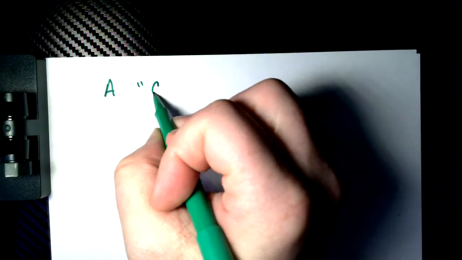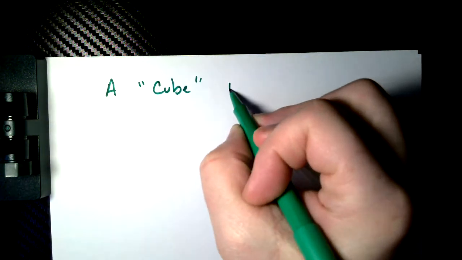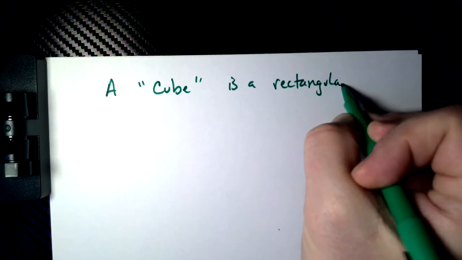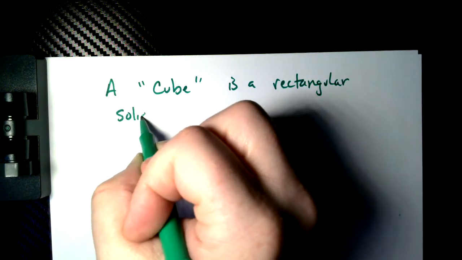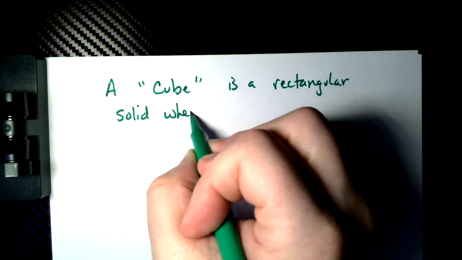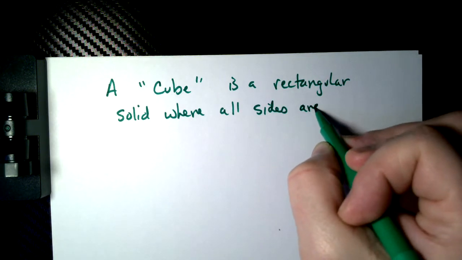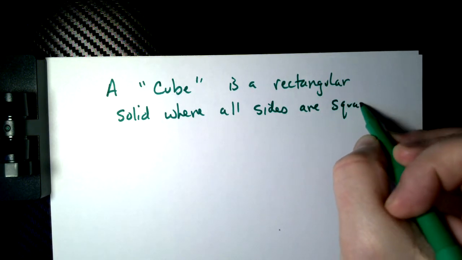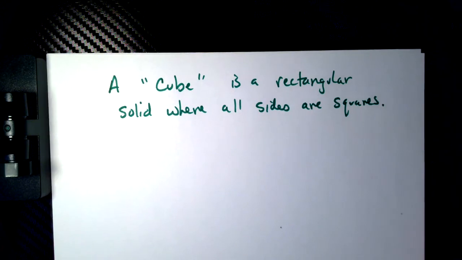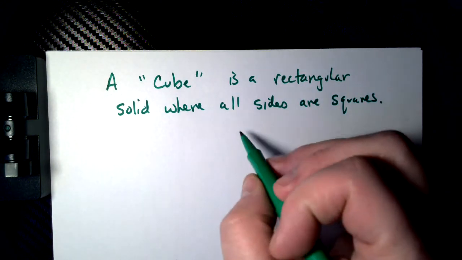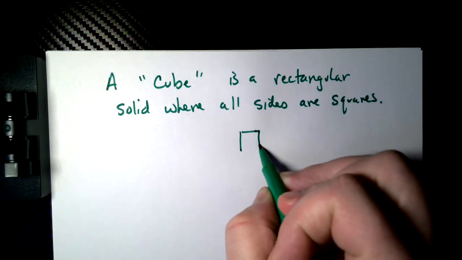Just one little quick thing. A cube is a rectangular solid where all sides are squares. So I guess it comes up either on a quiz or test or homework. I just have a little thing on my notes from last year or last few years.